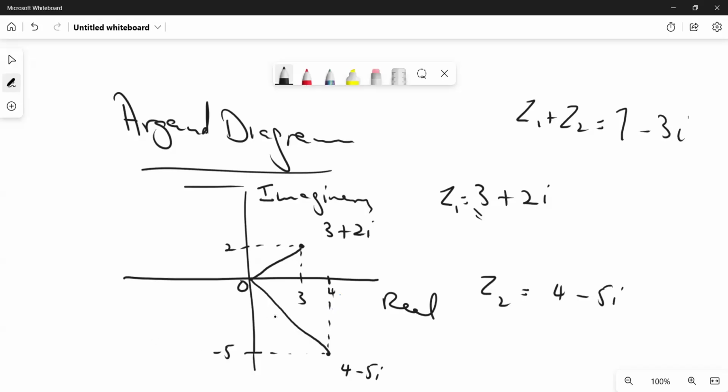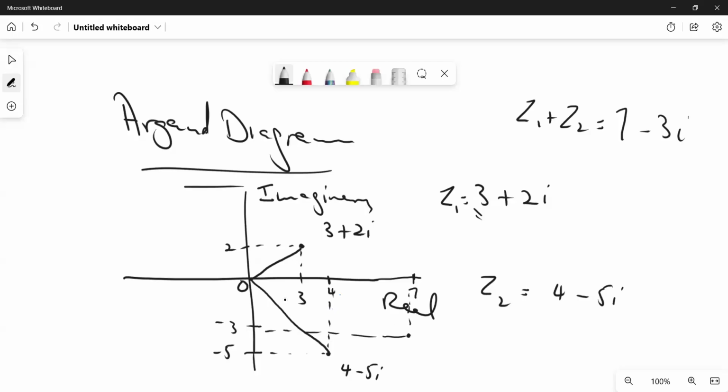And if you were to put that in our graph, where is 7? Let's say 7 is out here somewhere, and minus 3i is going to be somewhere here.